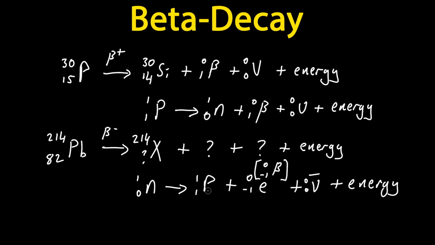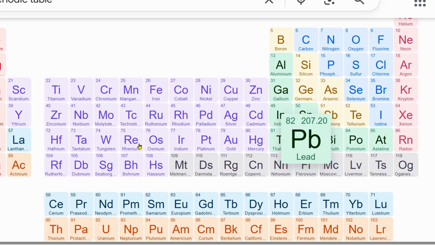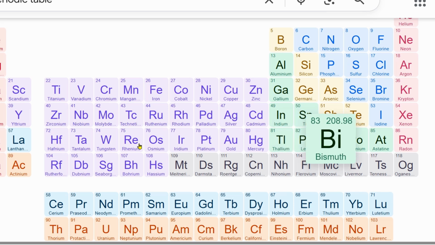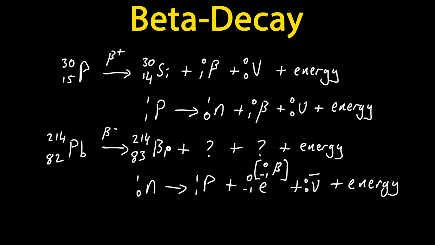We're adding a proton now, so 82 becomes 83. If we have a look at our periodic table, we can find out what element we end up with when lead undergoes beta negative decay. Here's lead with a proton number of 82. The proton number increases by 1 to 83, so we get bismuth.